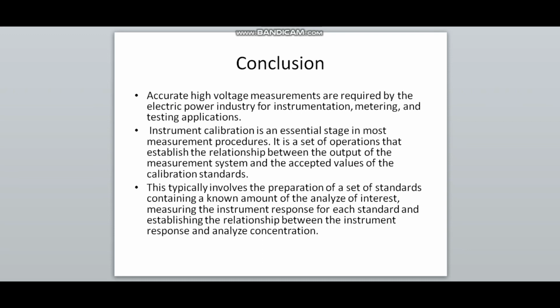This typically involves the preparation of a set of standards that contain known amounts of analyte of interest, measuring instrument response for each standard, and establishing the relationship between instrument response and analyte concentration.